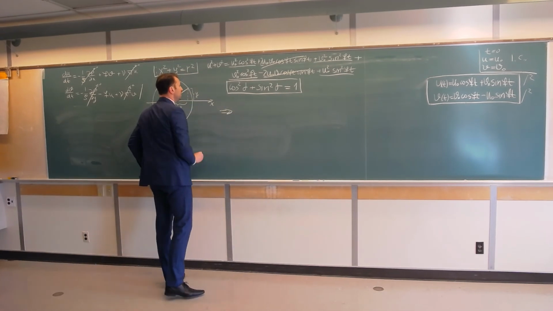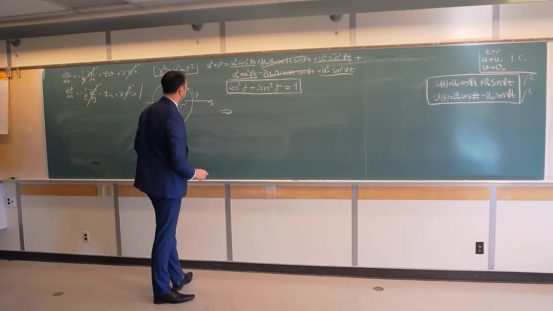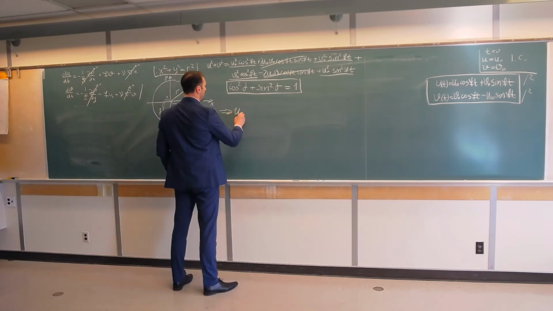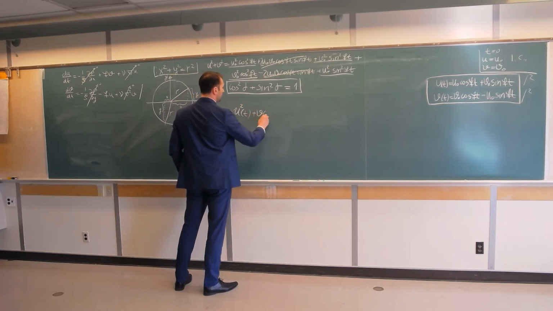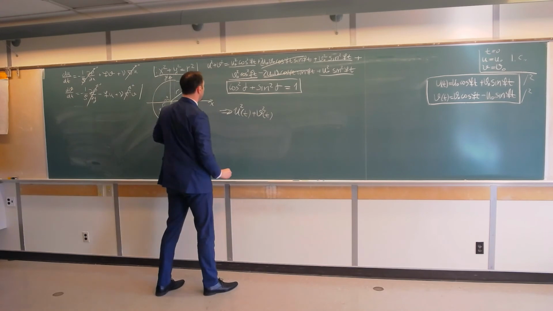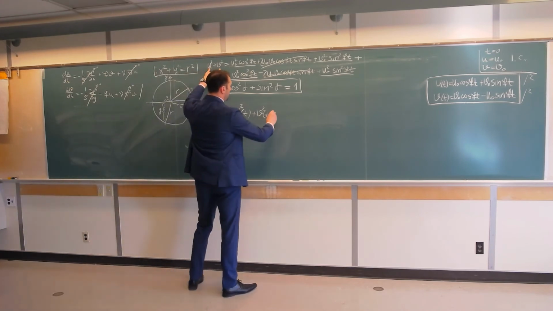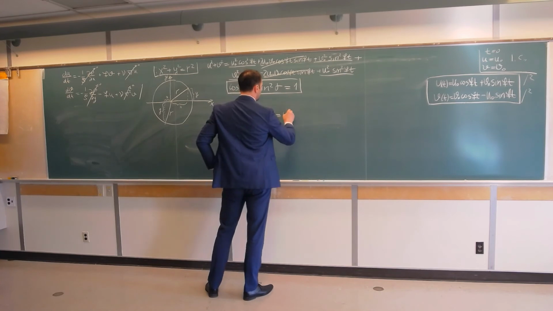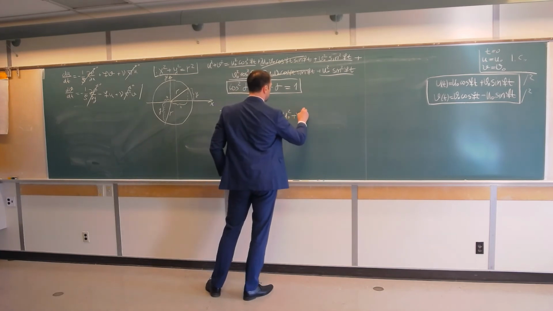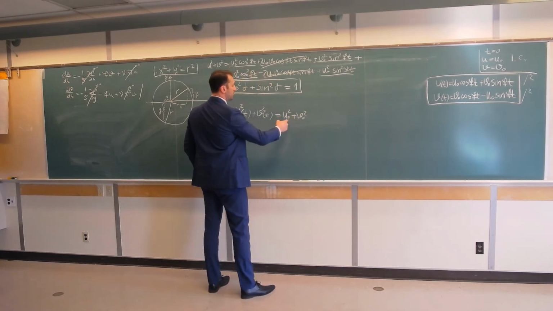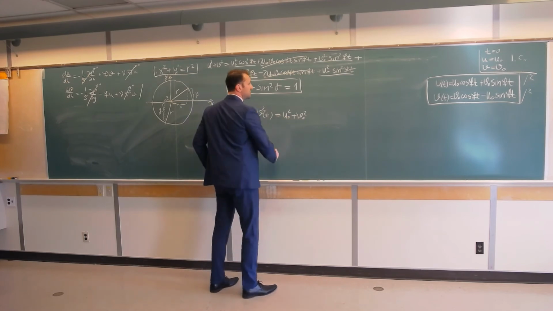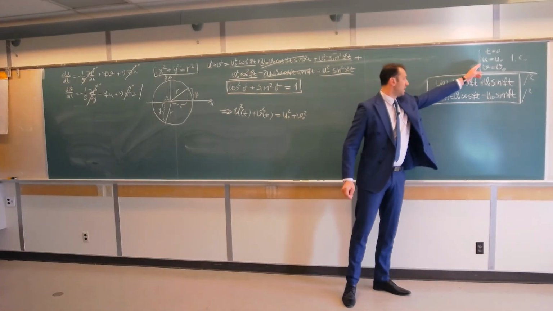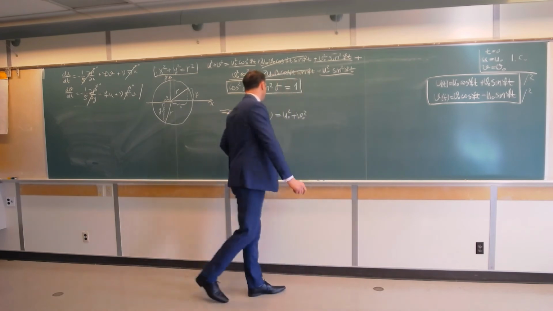So with that in mind, we can write that u as a function of time squared plus v as a function of time squared, namely this, is equal to a constant, u naught squared plus v naught squared. But this is a number, some constant, because this comes from our initial conditions.